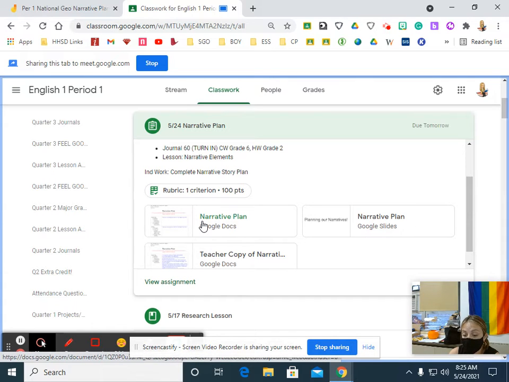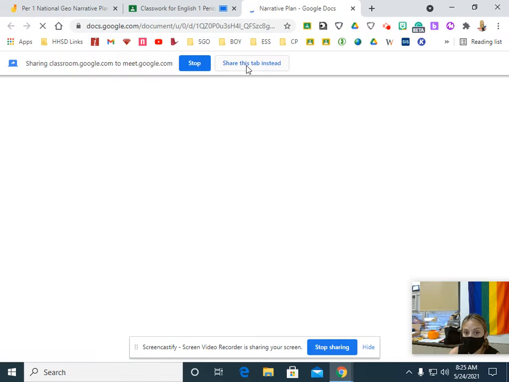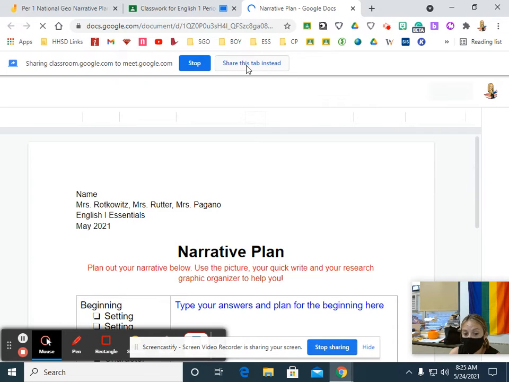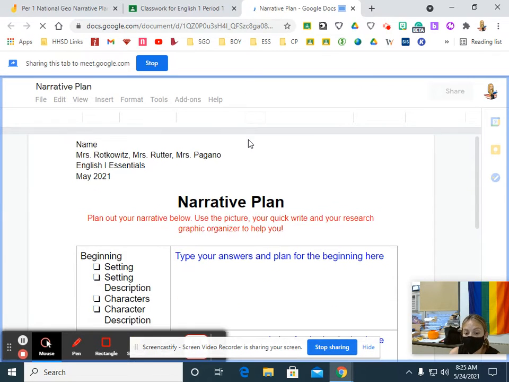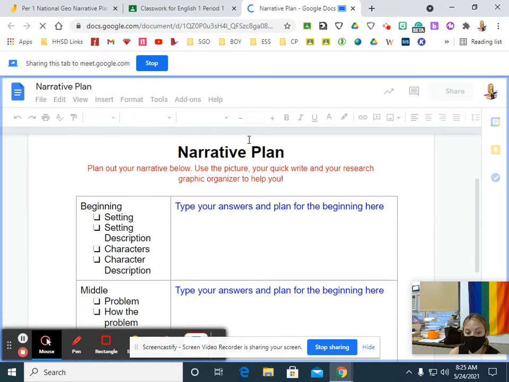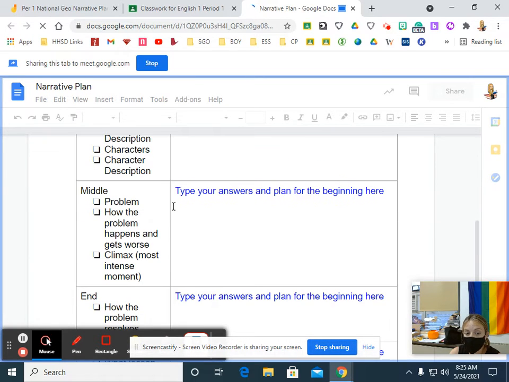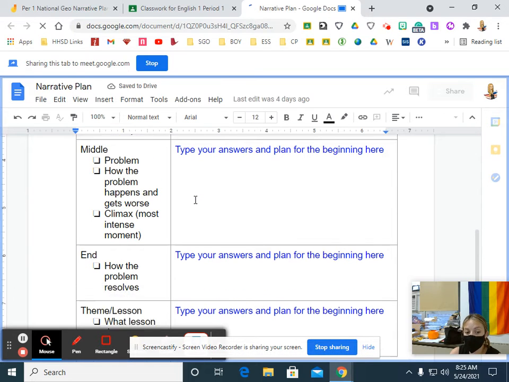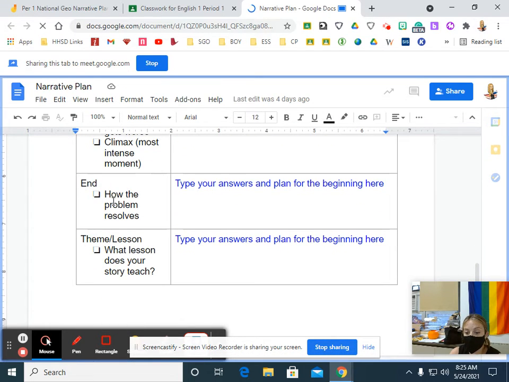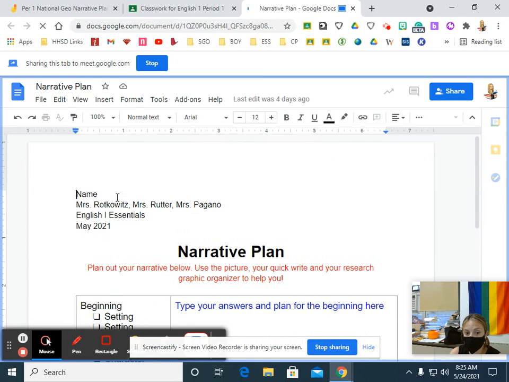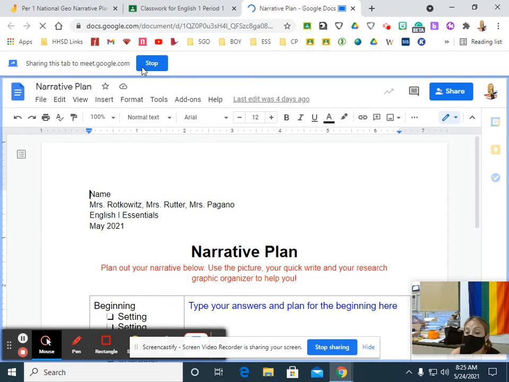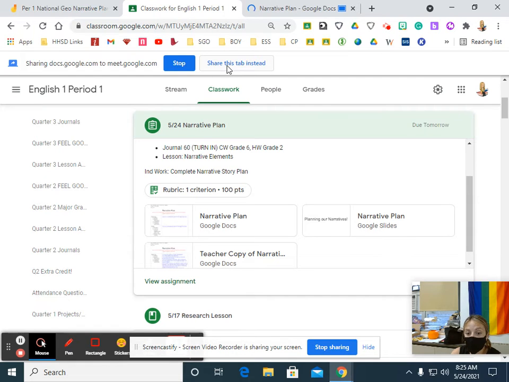Your copy has more support in it. So when you open your copy, it's going to give you a checklist. So just like what I typed, and then you're going to type your answers in blue and use the checklist to help you. If you need more help, you're going to check out the other resources.